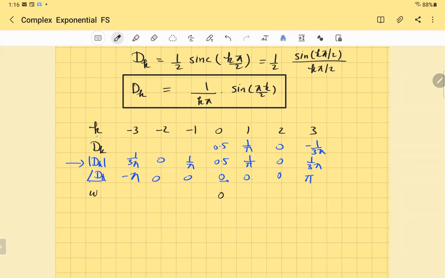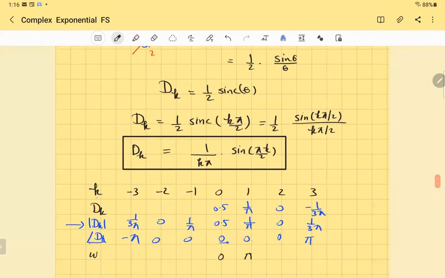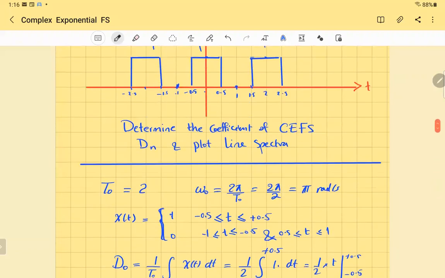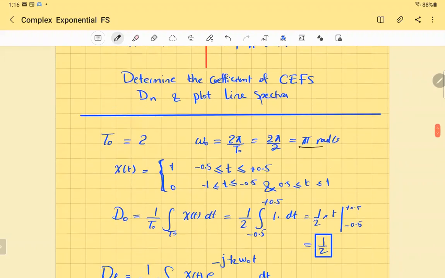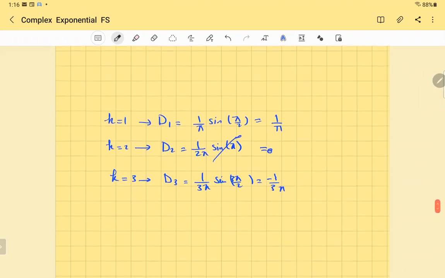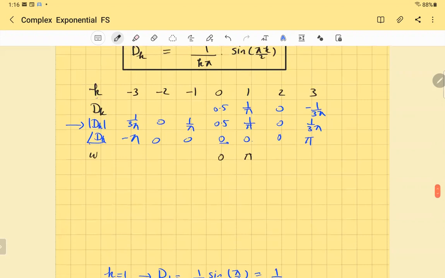Pi, all right, pi. And the second, 2 pi. The third, 3 pi. What about here? Exactly. Negative pi, negative 2 pi, negative 3 pi.